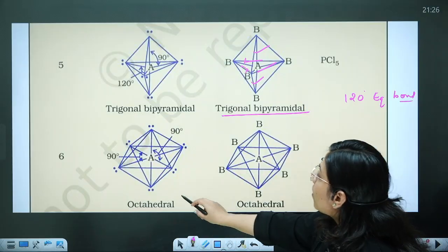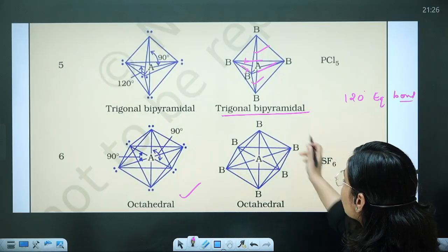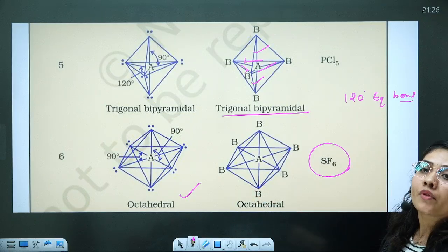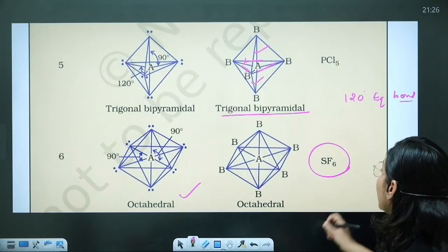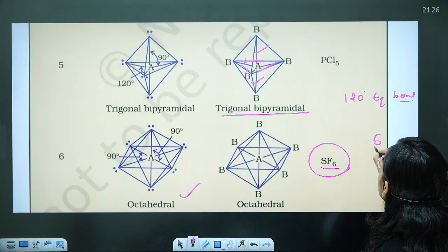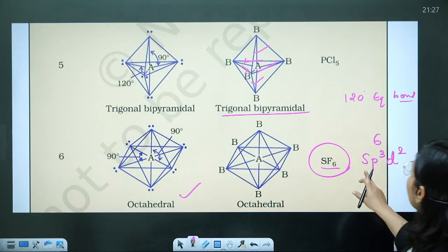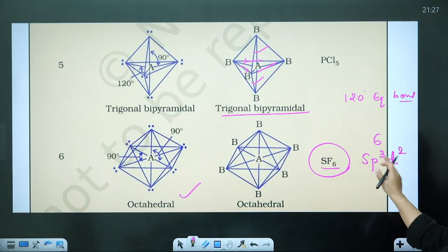Now coming to octahedral shape, it looks like this. SF6 shows the octahedral shape. Here SF6 means sp3d2: 1 s, 3 p, 2 d, that is 4, 5, 6.